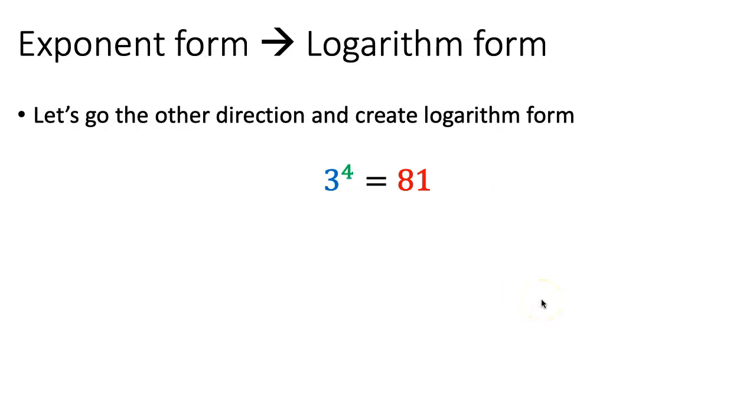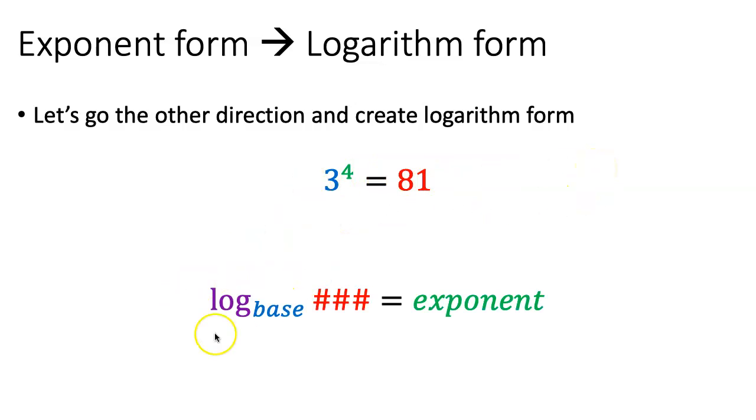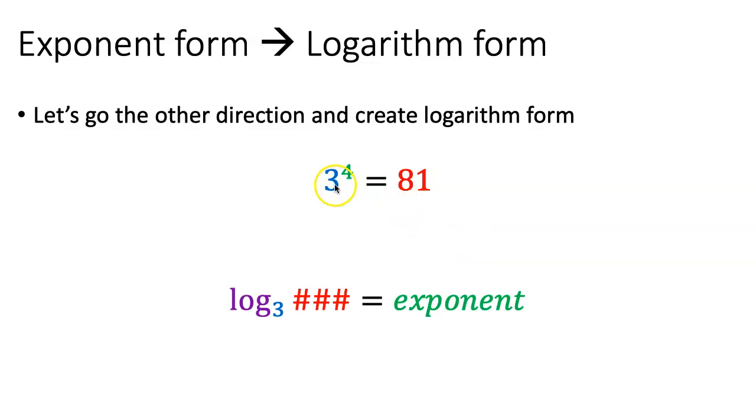Let's go the other way. We'll take exponent form and turn it into logarithm form, following the same pattern. So we have 3 to the 4th power equals 81. This is the pattern we have for the 3 parts of a logarithm. There's the base, there's the exponent, and what the base to the exponent power equals. Well, our base is 3.